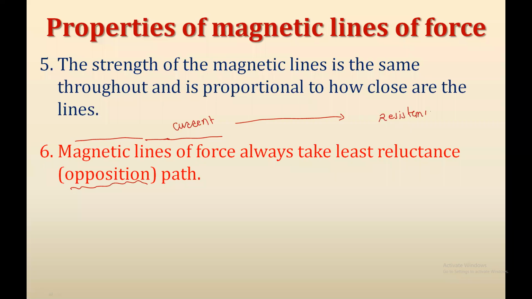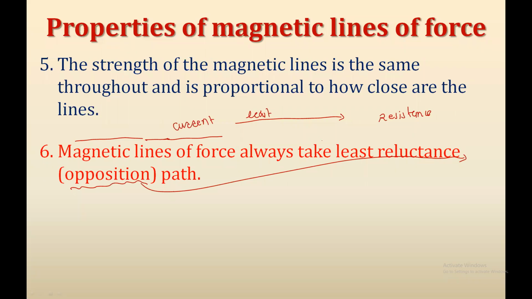This is the opposing part to the flow of current. Similarly, we know that current always takes the least resistance path, and the shortest path. Similarly, the magnetic lines of force always take the least opposition path. But in terms of resistance, that opposition in the magnetic circuit is called reluctance.